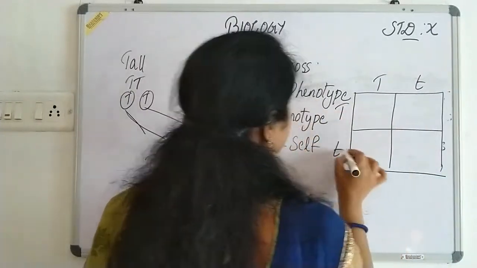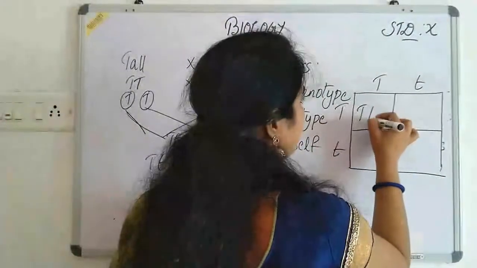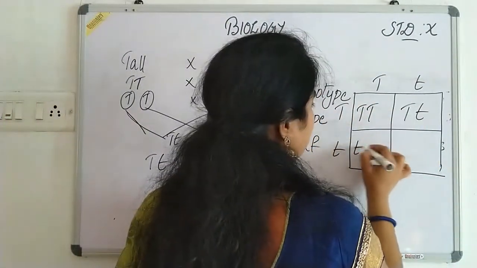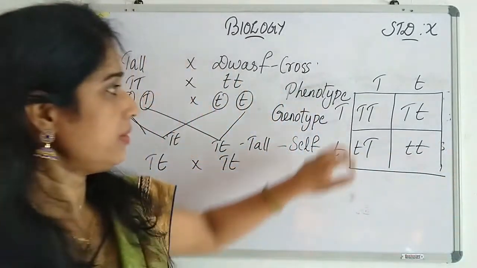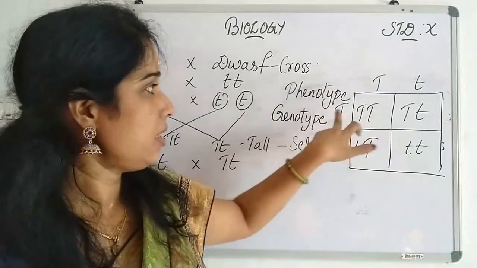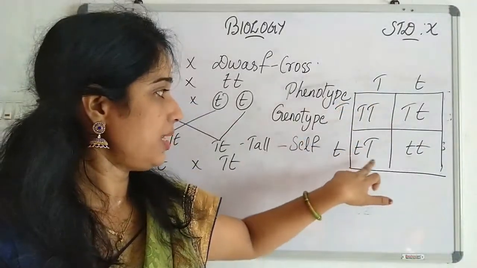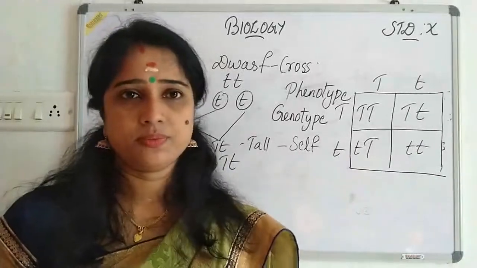Both parents are the same. So here: capital T, capital T; capital T, small t; small t, capital T; and small t, small t. Clear?